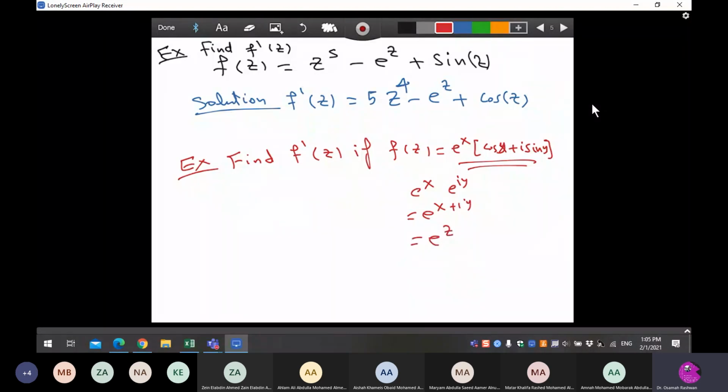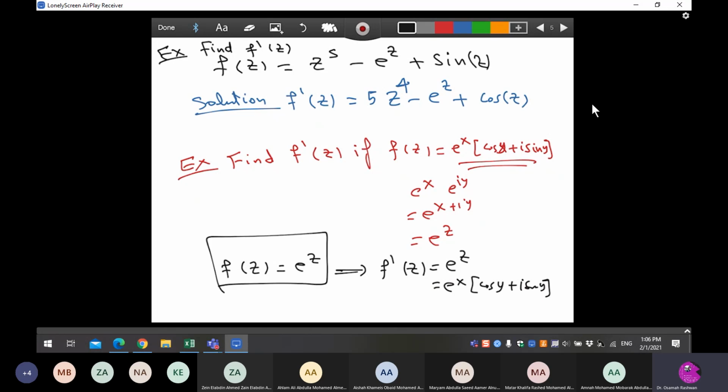So f of z will equal e to the z, and f dash of z will be e to the z itself. So it will be e to the x cosine y plus i sine y. But what about if I have something I cannot change into an explicit function of z?